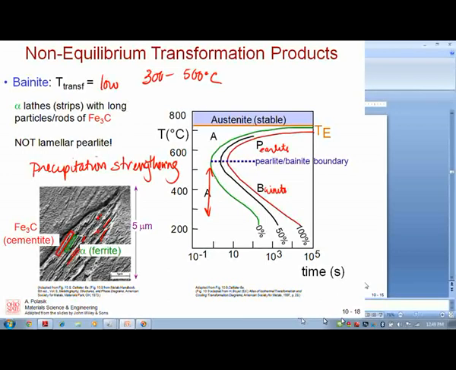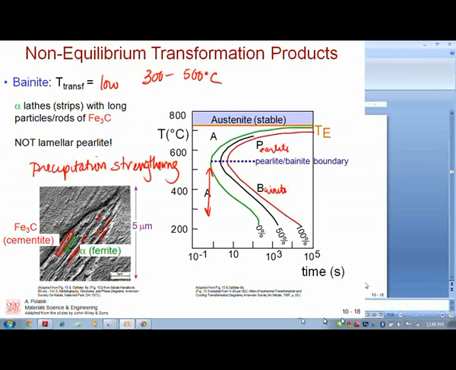As an alpha grain nucleates and starts to grow, it can't squeeze out all of the carbon, right? It's like it's growing, but the carbon's still kind of trapped inside that lath. And so it's just going to form little bits of cementite. It's not going to be able to move from the insides of the lath to the outside. So that's why we're forming bainite at lower temperatures.